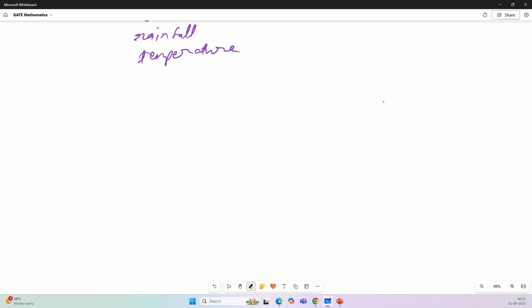Now, we are going to talk about the most important parts, which are called probability mass function and cumulative probability function. Because all these things, like PDF, CDF, are very much useful. So let us talk about probability mass function.